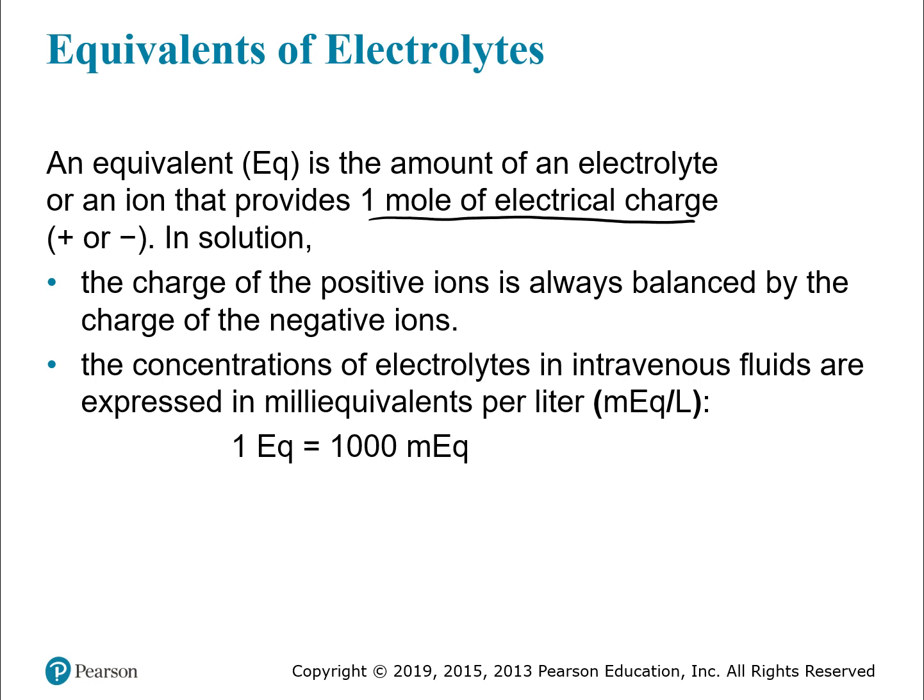The unit that we use for electrolytes, we're talking about milliequivalents per liter. And that's written like this, mEq per L. And since that little m is for milli, that means that 1,000 milliequivalents is equal to 1 equivalent. So don't forget those prefixes from chapter 2. It's all coming together, I know.